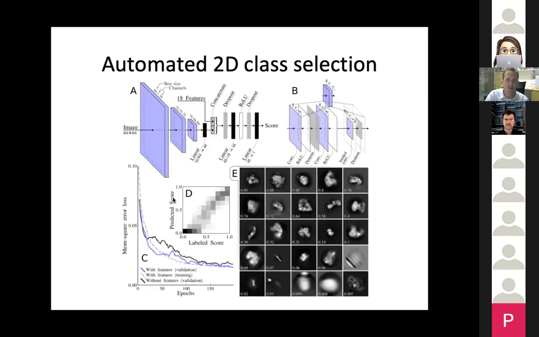Then we designed a convolutional neural network, which is a combination of a standard convolutional neural network, which also then concatenates at some point with 18 features, which we handpicked.